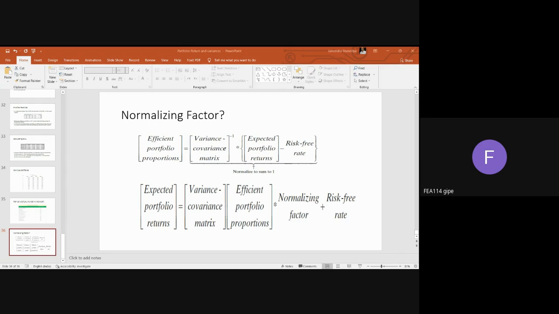You can calculate with the second formula, which is nothing but again the variance covariance matrix multiplied with the efficient portfolio proportion, which comes from the first, which is the Z matrix which you calculated, and then something which is most important for now is the normalizing factor.